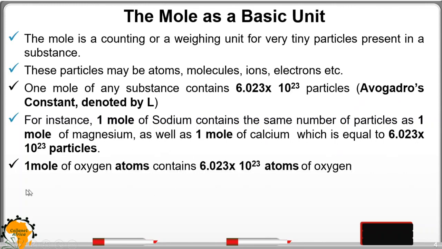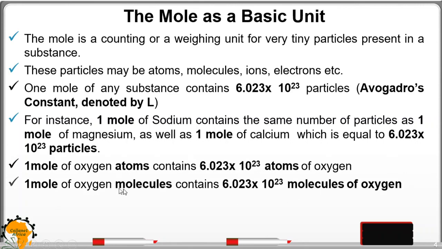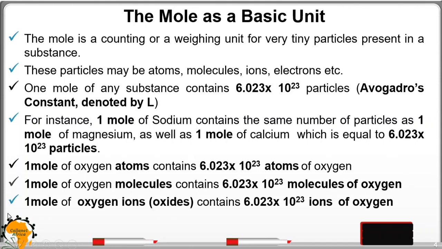Another example is that 1 mole of oxygen atoms contains the Avogadro's constant of atoms of oxygen. 1 mole of oxygen molecules contains the Avogadro's constant of molecules of oxygen, and 1 mole of oxygen ions contains the Avogadro's constant of ions of oxygen.